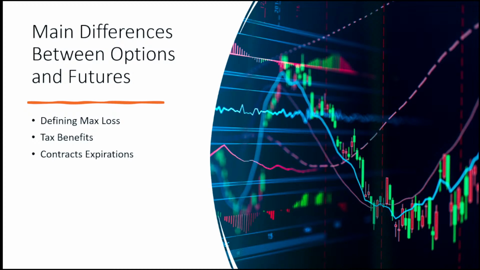Whether you win or lose does not matter, you will never lose more than $1,000. Now on futures, that is not always the case. If you don't set proper stop losses, or if your stop losses get jumped over, which does happen sometimes in extreme volatility, then your max loss is undefined.